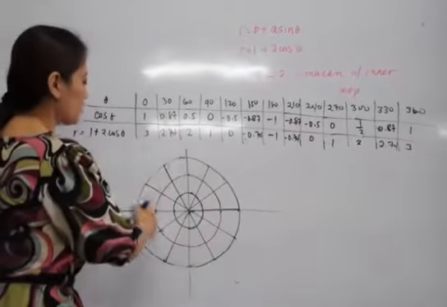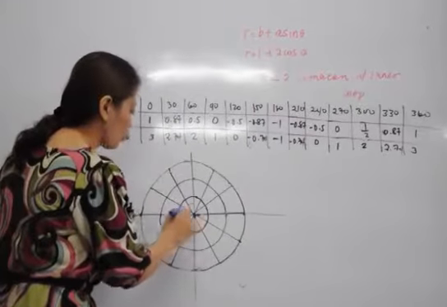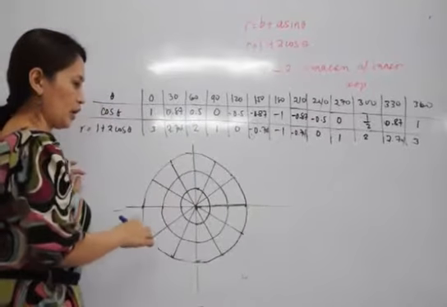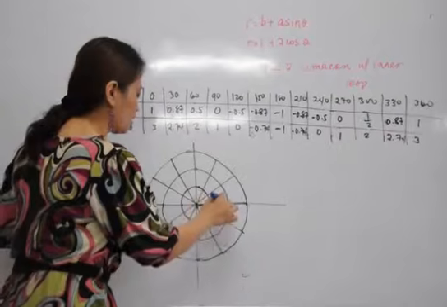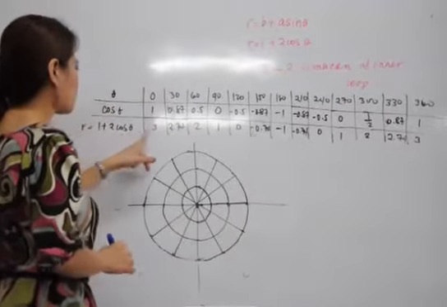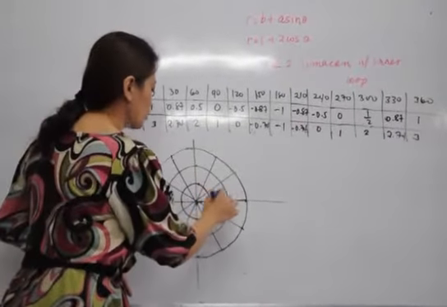What we did is to set up a polar axis. This is the pole, and we put up a radius that is equivalent to 1 unit each. So every mark is equivalent to 1 unit. Since the maximum radius is 3, we have a total of 3 units for the radius.